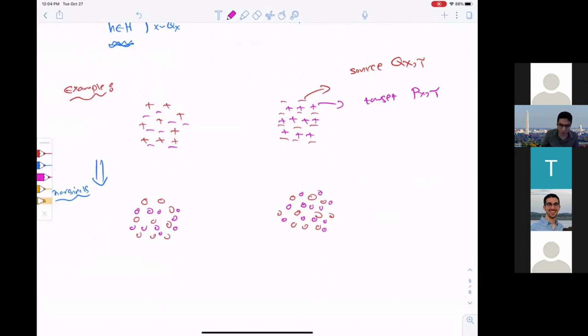So what is the H divergence between these two marginals? This is PX, the marginal, and QX. Now, from the marginal point of view, are they the same or different?